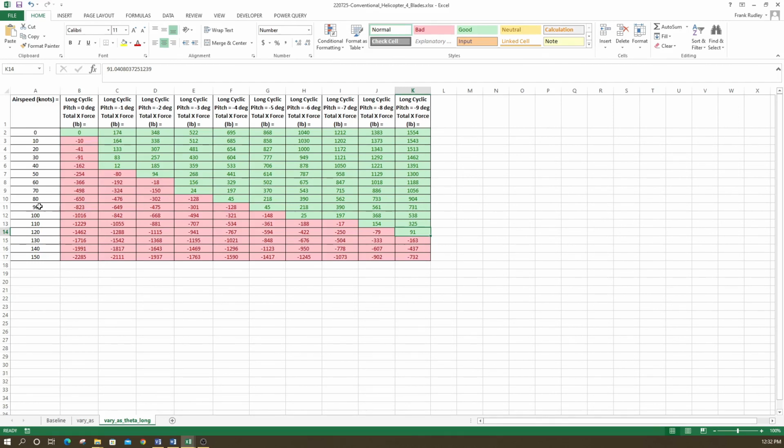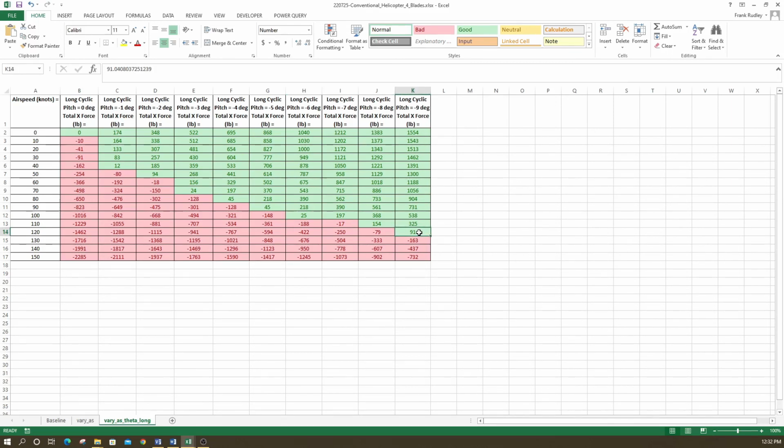Say at 5 degrees, if I could do 5 degrees of longitudinal cyclic pitch, I could go up to where it's green here. I could go up to 100 knots. So I can make this helicopter fly up to 100 knots. Now, if I can achieve more cyclic pitch, say -9 degrees, I could go up to 120 knots.